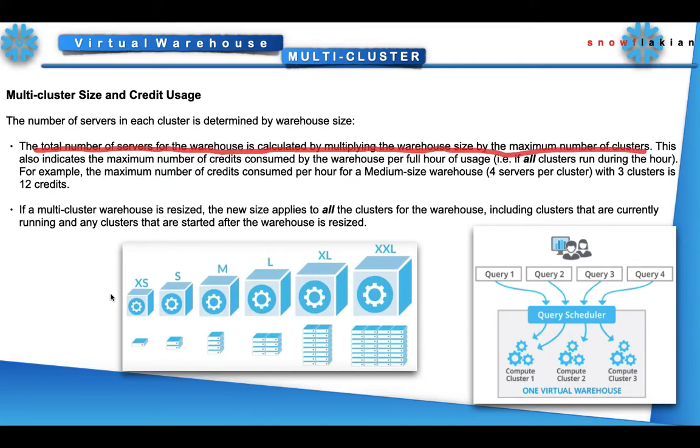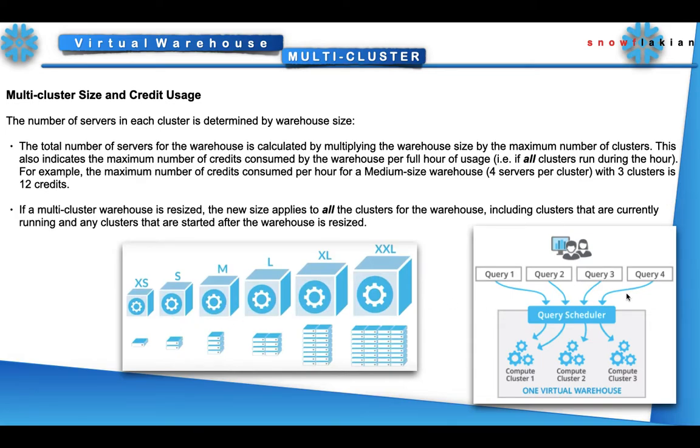Consider a warehouse which is a single cluster with extra small size. In that case, your single cluster will have only one server, so you will be charged 1 credit per hour. If it is a single cluster created with small size, you have two servers, so you'll be charged 2 credits per hour.